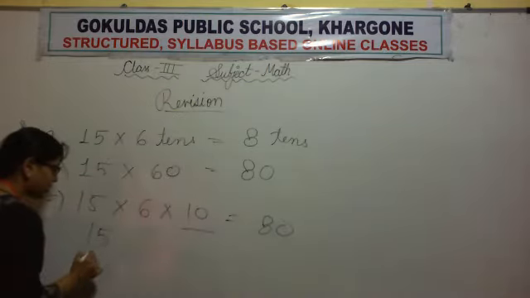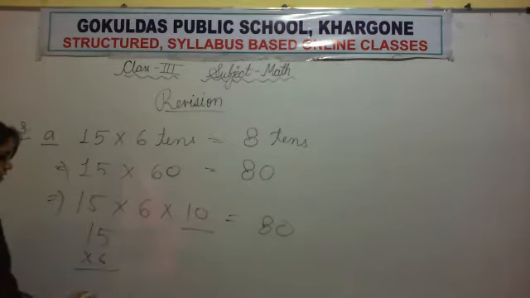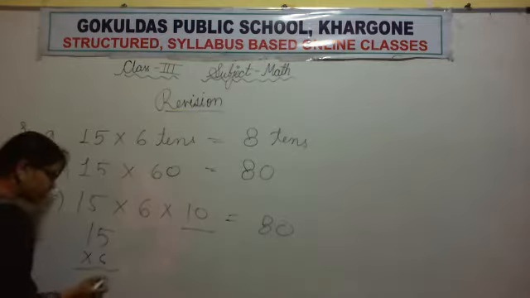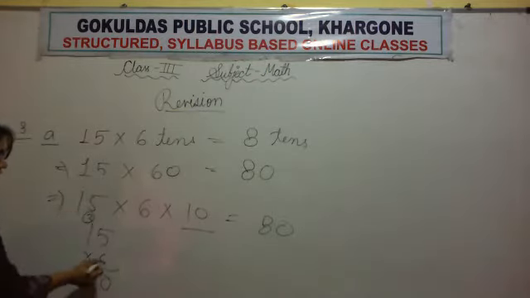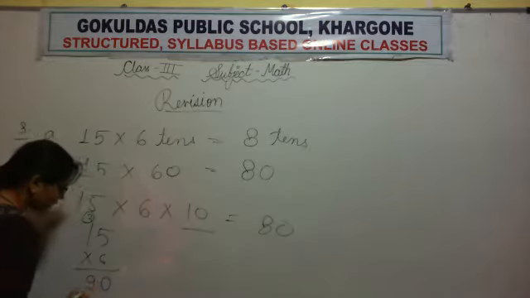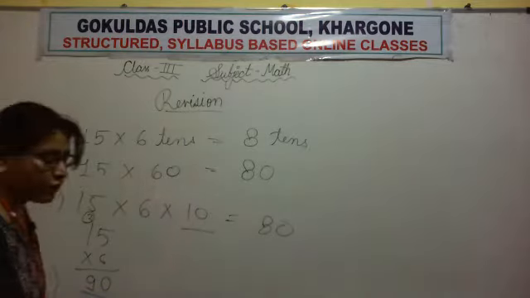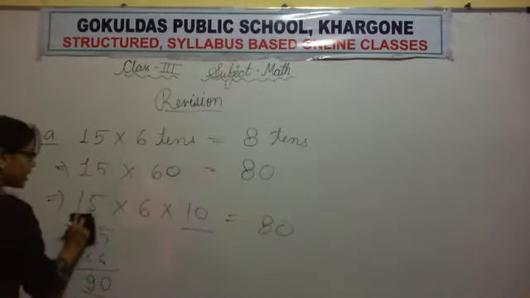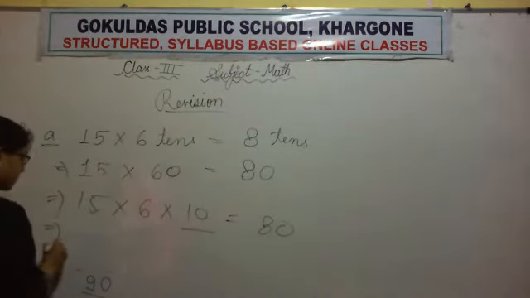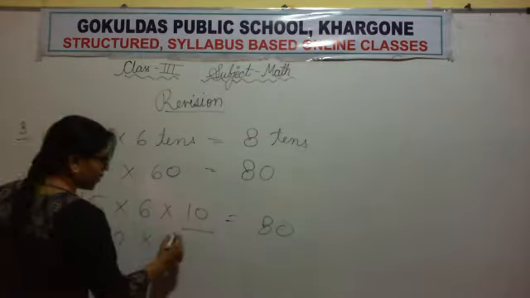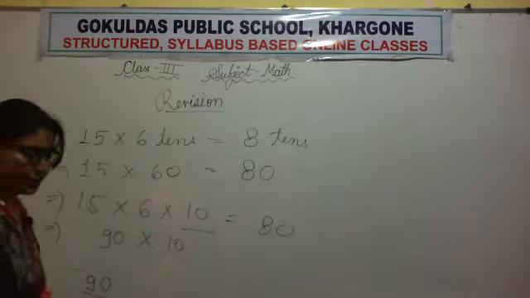So let's multiply first 15 into 6. So 6 into 5, 6 fives are 30. So for 30 we will write 0 here and 3 in the form of carry. Then 6 into 1, 6 ones are 6, and 6 plus 3 is 9. So 15 into 6 is equals to 90.